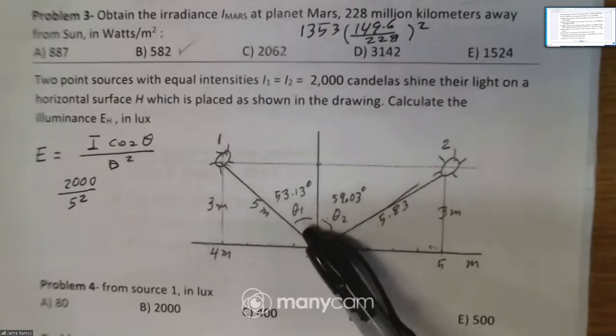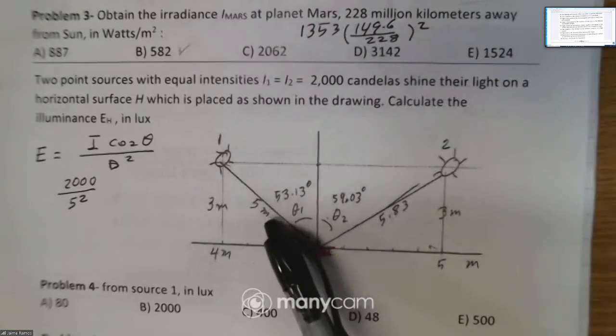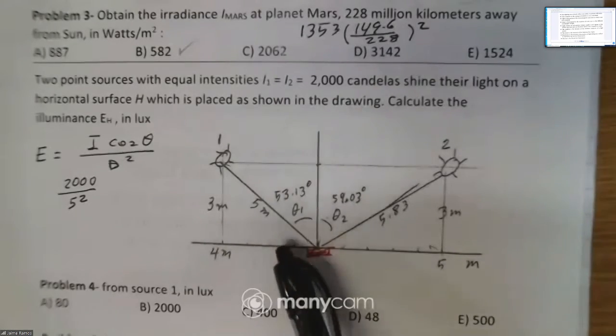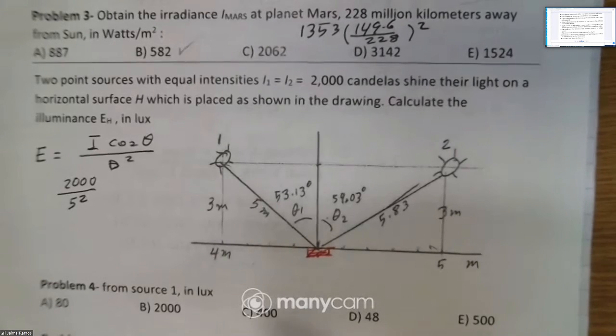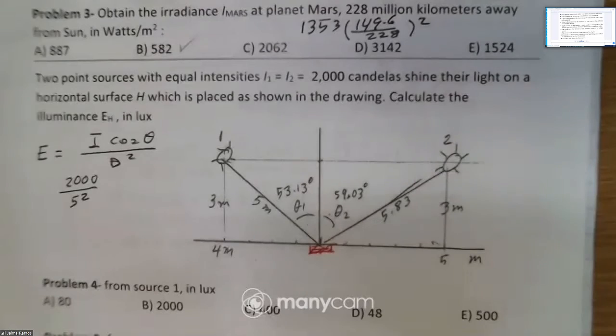So then we need to calculate this angle. So that angle is, I think, 4 divided by 5. Okay, yeah. And now the inverse sine, so we get 53.13 degrees.